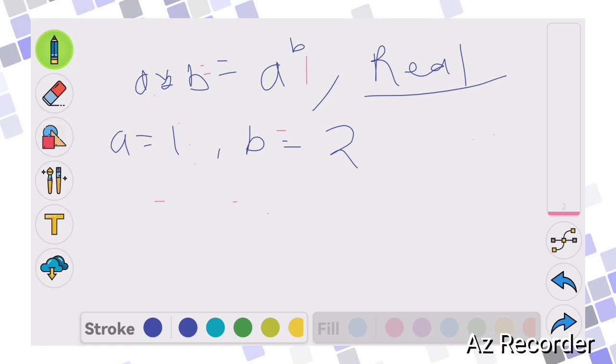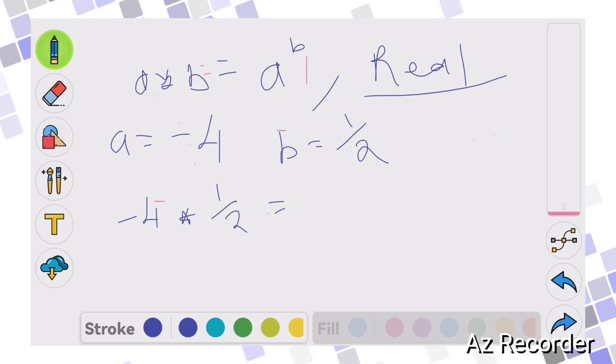So let me do this. For a, let me pick negative 4, and for b, let me pick 1 over 2. Both of these are real numbers. So negative 4 star 1 over 2 is equal to negative 4 to the power 1 over 2.